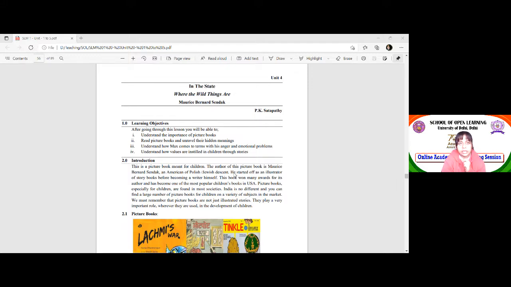But even as adults, there are a lot of things that we need pictures for. It helps you with your imagination, it gives you a better perspective of what the author is trying to say, or it gives you a better view of the imagination of the author.